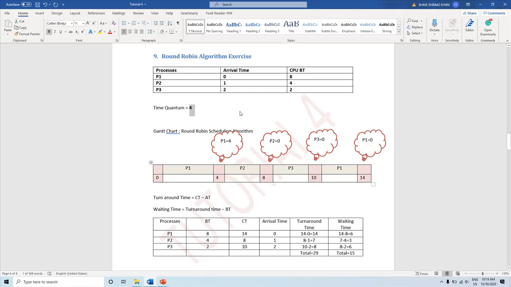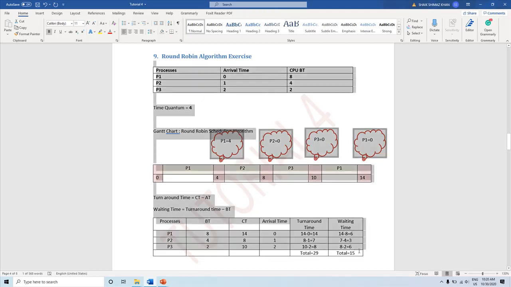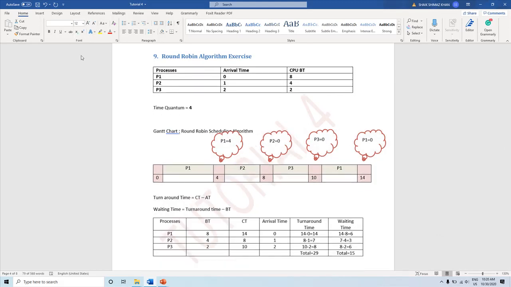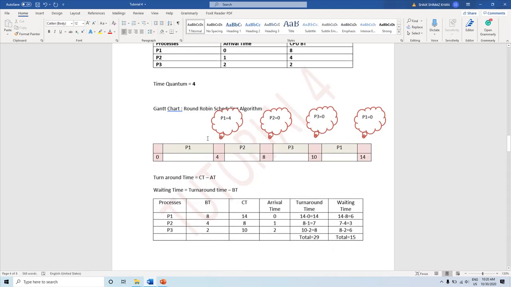Process 1 is getting the chance first because its arrival time is 0. Since it came first to the ready queue, it is getting the chance first. It can run for 4 milliseconds. Why? Because the time quantum is 4.